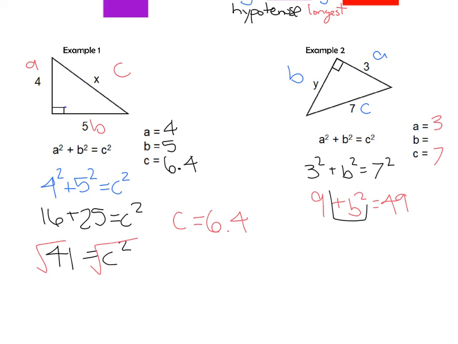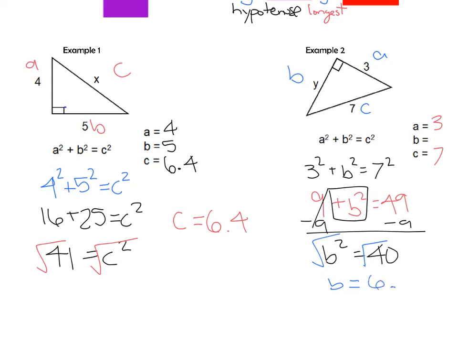Remember, we're solving for B here, so I'm going to have to subtract 9 from both sides. You end up with B squared equals, that canceled out, 49 minus 9 is 40. Now to get B by itself, last step is to take the square root. And if I take the square root of 40, we end up with a B value, and it's a decimal, and it is 6.3. So that is 6.3.